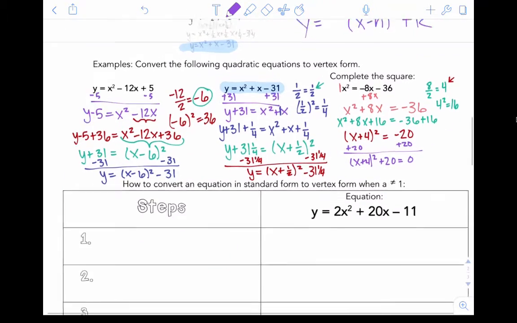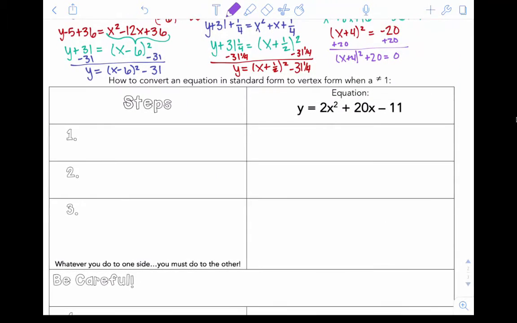Now we're going to convert an equation in standard form to vertex form when a does not equal 1. So I'm going to go through that right now. All right, so we're going to have the equation 2x squared plus 20x minus 11. And so we're going to have the same steps, except we have one extra step thrown in there.